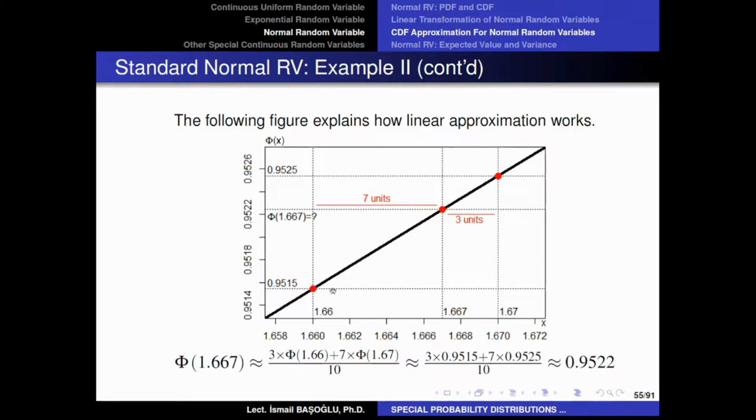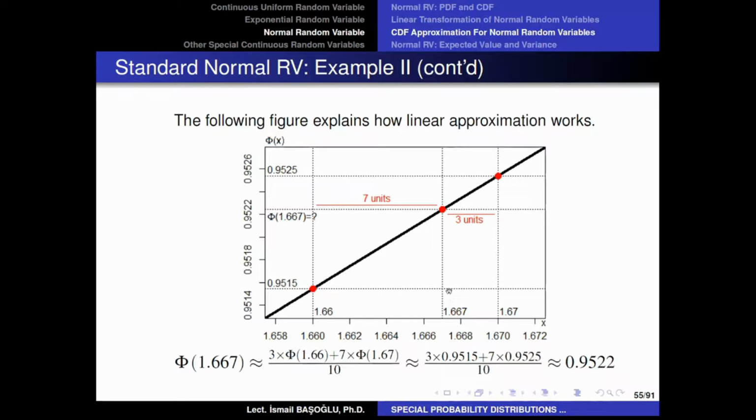First of all, because the CDF is an increasing function, it is never decreasing, it is always increasing, I know that I can make proportions between 0.9525 and 0.9515. I know that the response at 1.667 is somewhere between these 2 values. So I am going to take an average of the CDF at 1.66 and the CDF at 1.67.